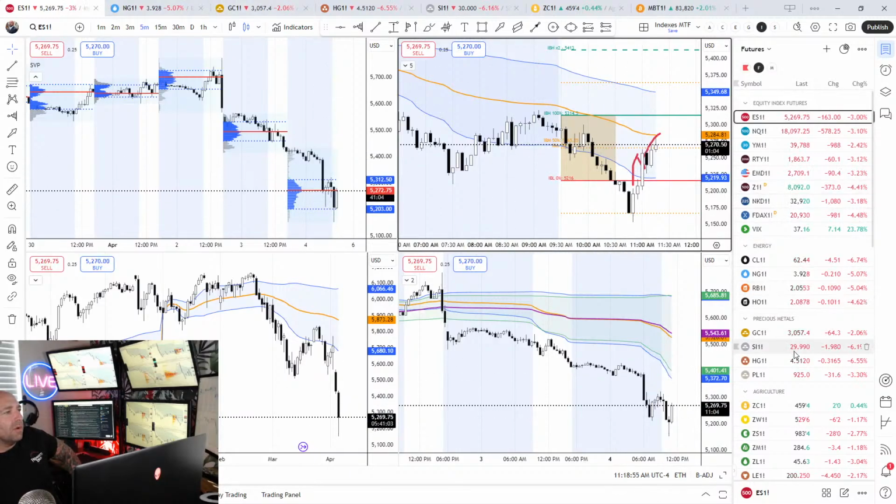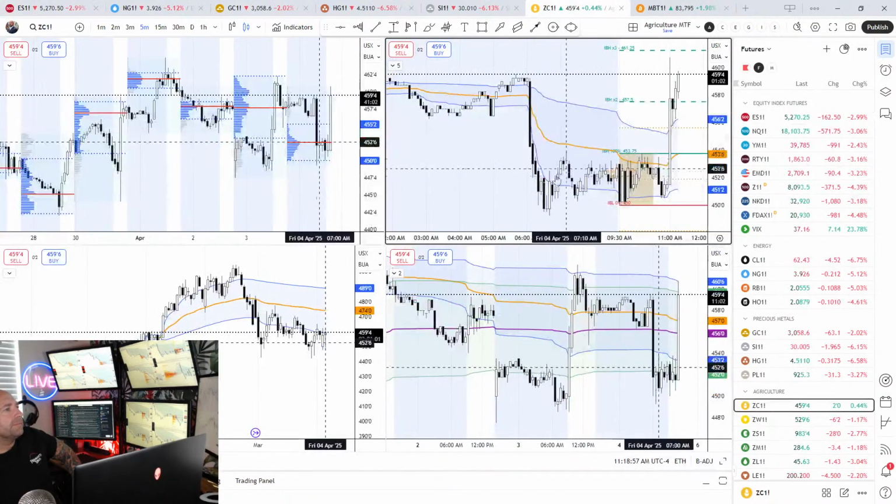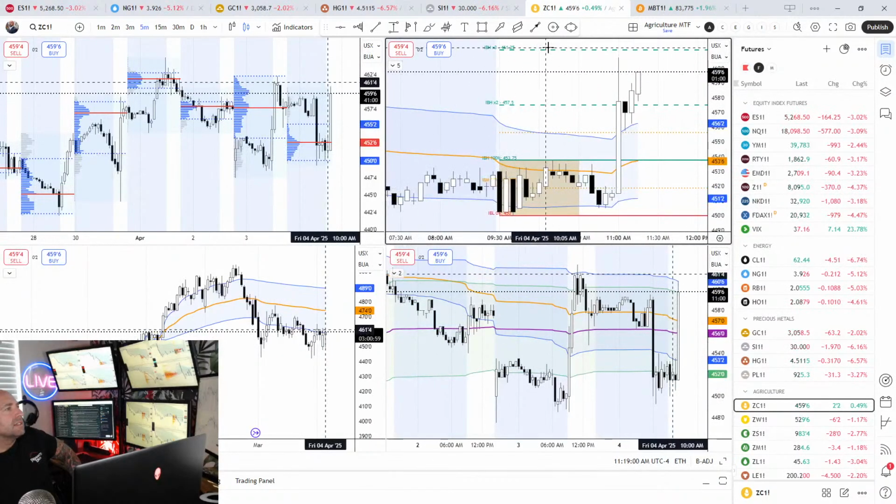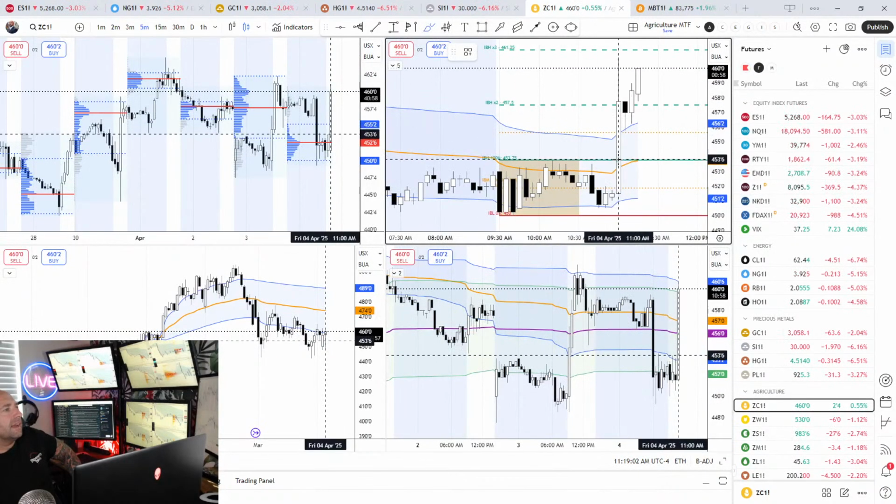Look what happened in corn here. Let's go over to corn. So we had this break out of value.